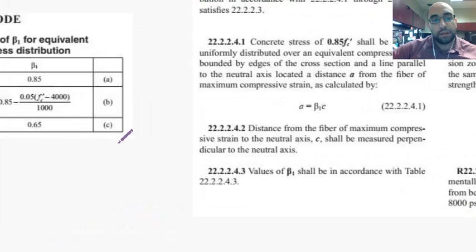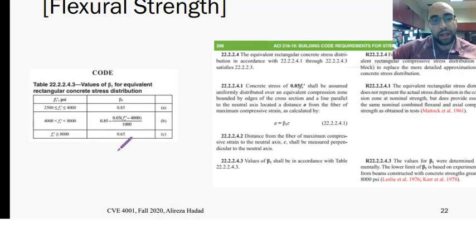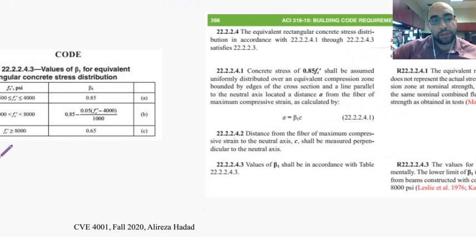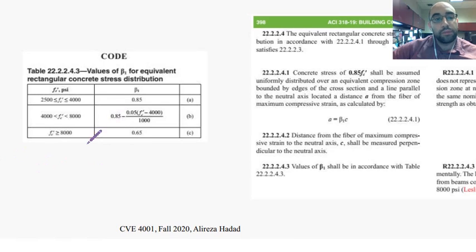As you can see, this is the part that gives us the information about beta 1, and this is the equation in the code. By the way, I posted the 14 version of the code, ACI 318.14, because the library so far does not have access to the very last 2019 version of the code.